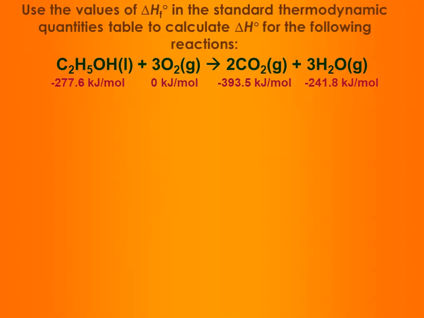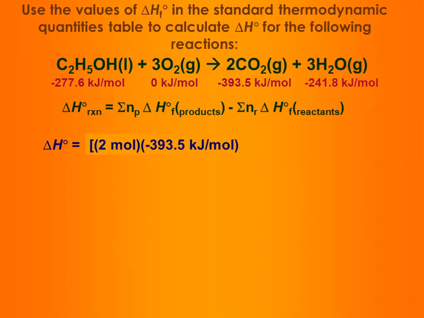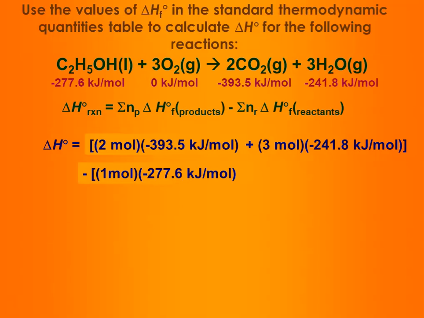If it was any other substance and you needed it to find the answer, you would be provided with that information. So again, we're going to take our products and multiply their enthalpies of formation by the amount of those substances present, their coefficients, and then subtract the sum of the reactant enthalpies and coefficients away from the products. So I have 2 moles of CO2, 3 moles of water, and I'm going to take away from that 1 mole of ethanol and 3 moles of oxygen.